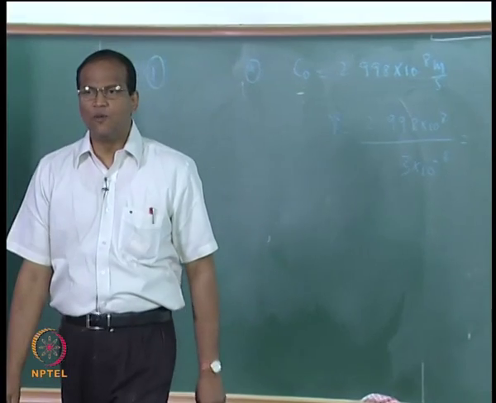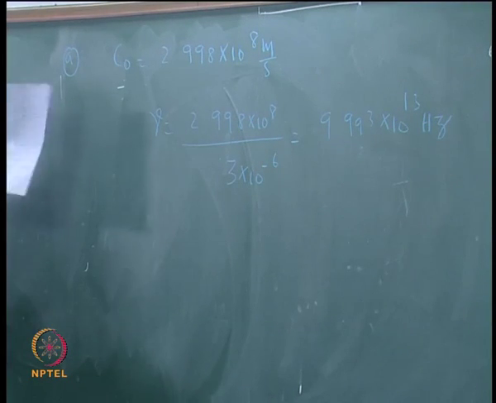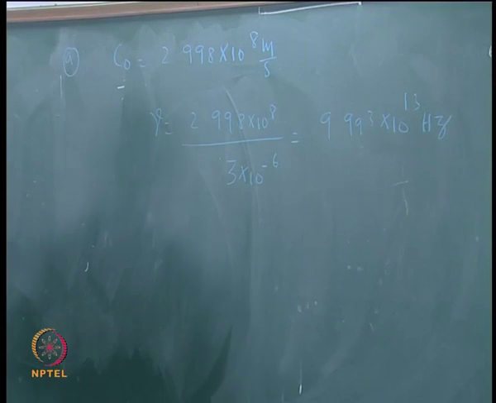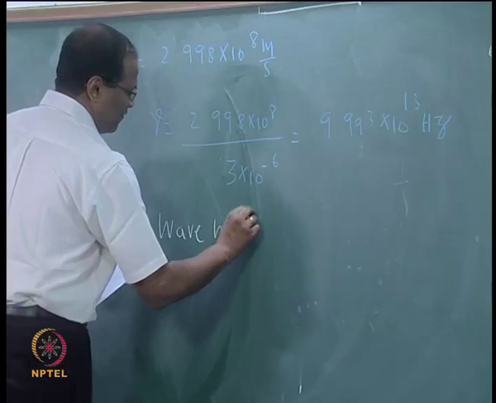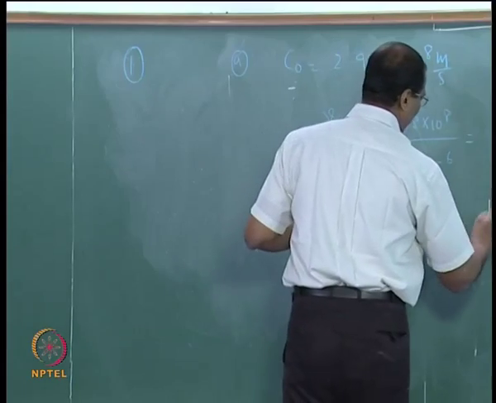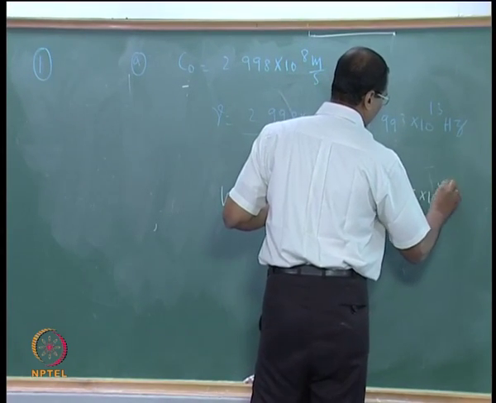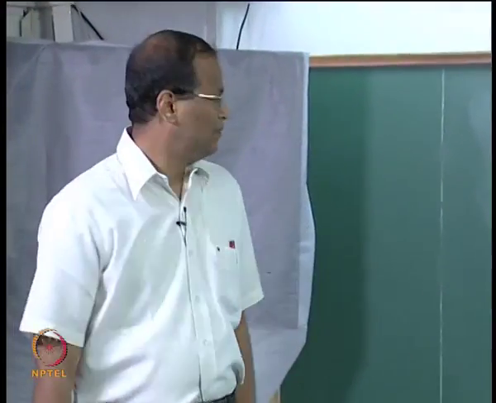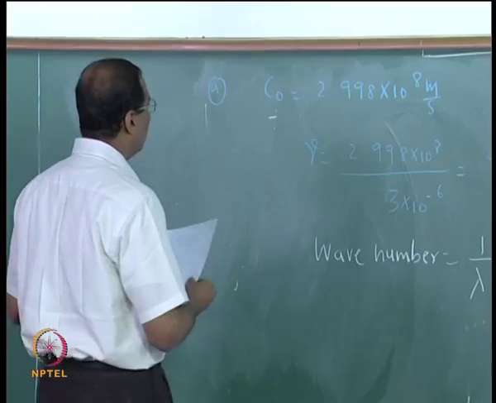So the frequency is 9.993 into 10 to the power of 13 second inverse, that is second to the power of -1, or you can also write it as hertz. Is it clear? Okay.